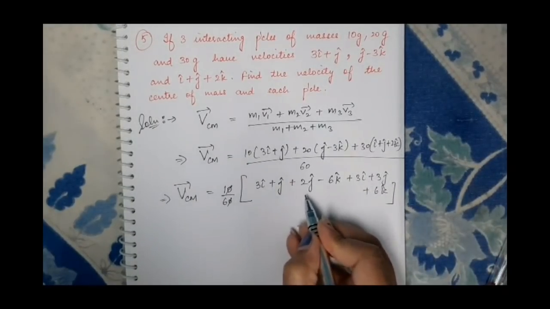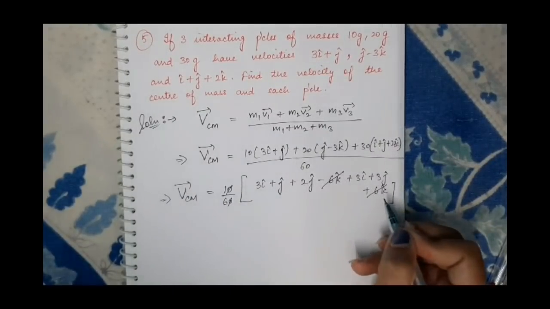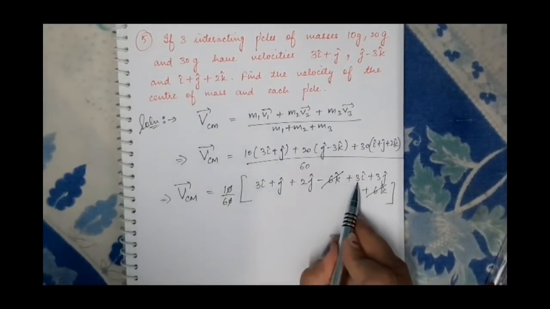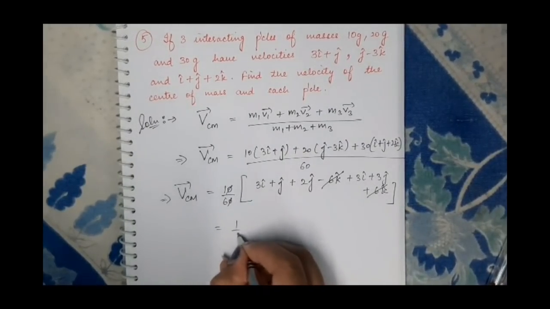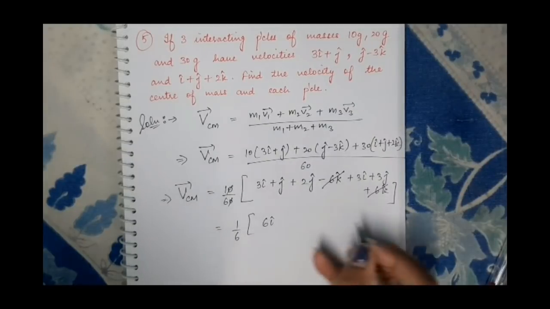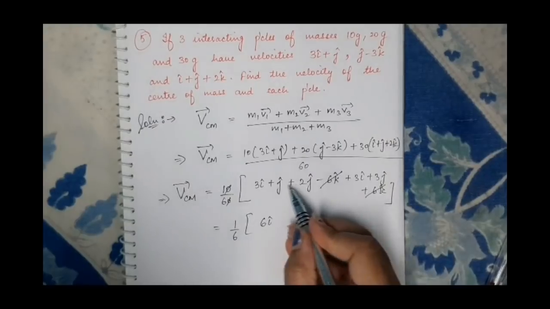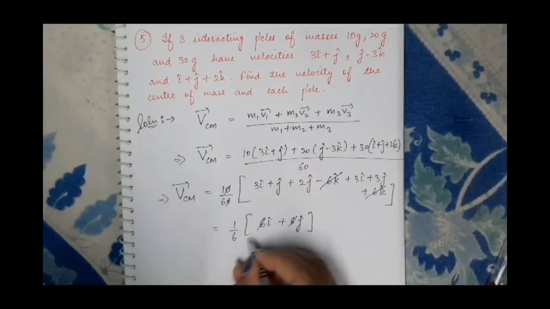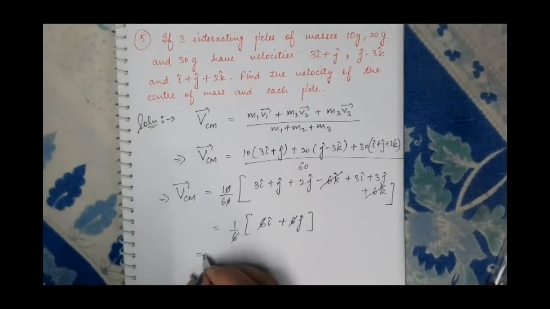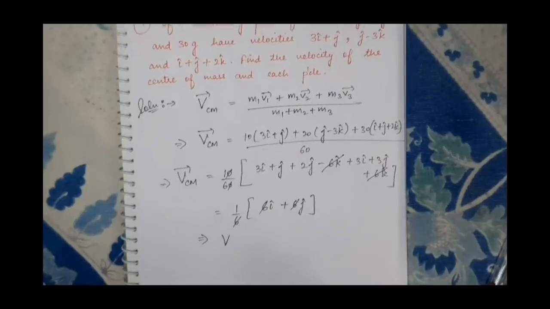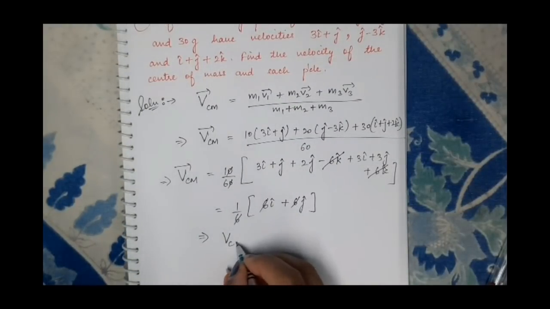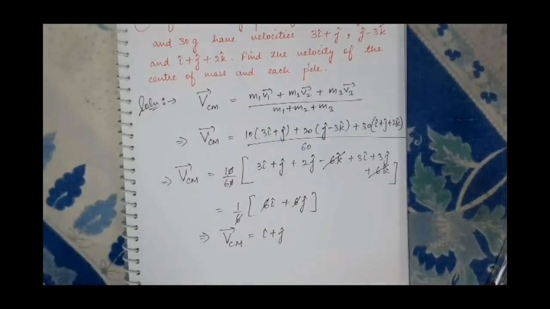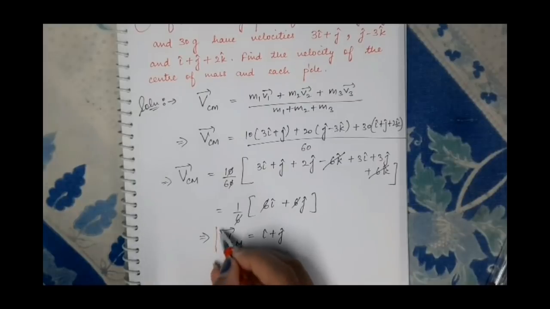So plus 6 k cap and minus 6 k cap will be cancelled out. And 3i plus 3i will be 6i cap, and 3j plus 2j plus j is 6j cap. Again take this 6 common, and it will be cancelled out by this 6. So the velocity of center of mass is equal to I cap plus j cap.